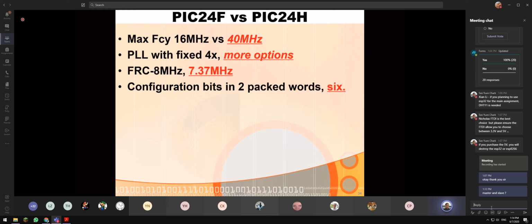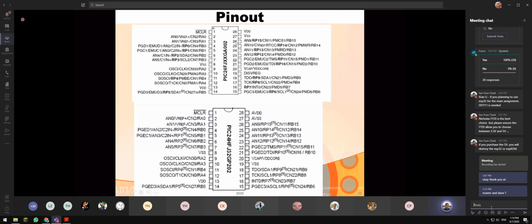Please be aware. Okay, so here is some of the pinout of the PIC24FJ64GA002 and GB002. Okay, so let's briefly go through all these pins. First we have the master clear. Basically, this is reset. And pin number 2, they are sharing analog pins. It can be an analog, it can be an input output pin.